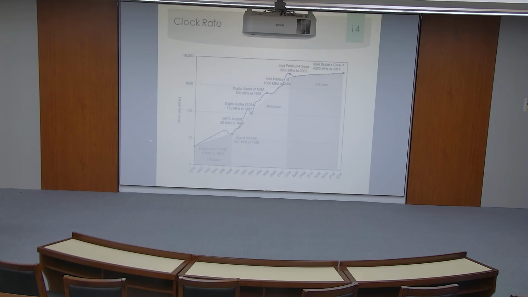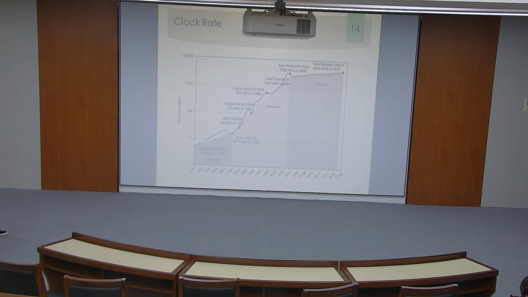For example, you see here, we have improvement in clock rate from 1978 to 1988. You see that we had a 15% improvement per year in the clock rate. It was 5 megahertz. Between 1988 and 2003, we had a 40% improvement per year, starting from 16.7 megahertz.